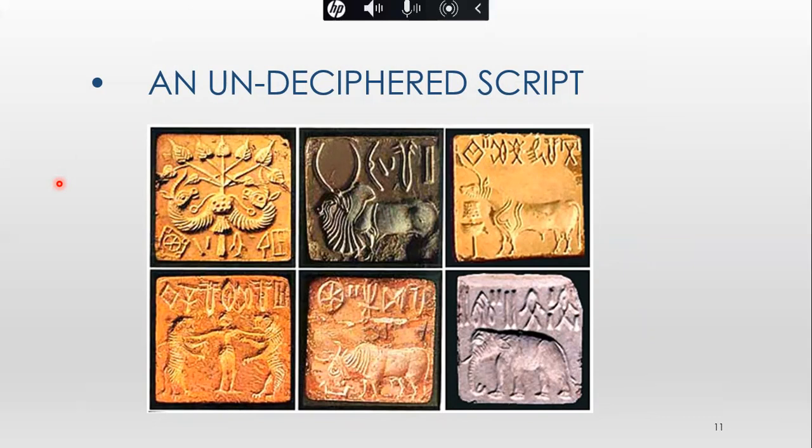These have been found inscribed on miniature steatite seals, terracotta tablets, and occasionally on metal. Linguistic experts and scientists have been trying to decipher this challenging script for decades, as it could hold the key to the secret of this mysterious culture. Still, they were unable to decipher it, and the language of the Indus Valley civilization is a mystery.